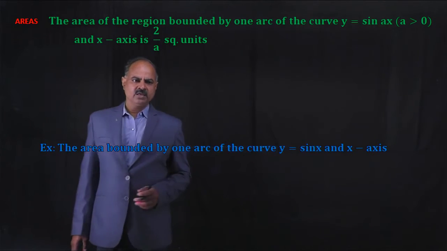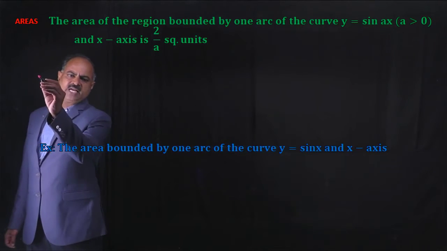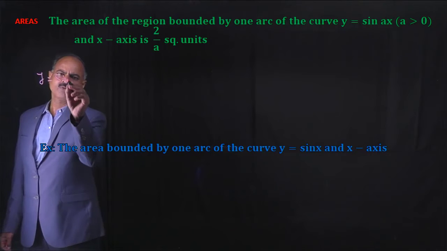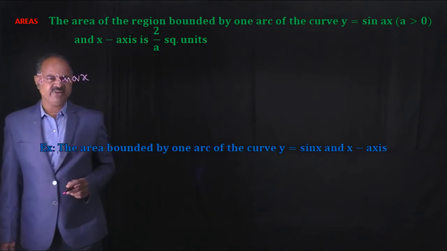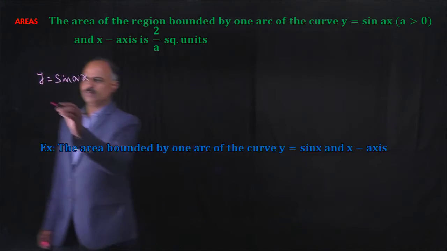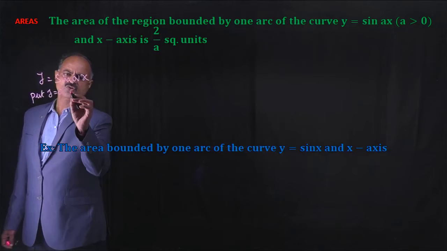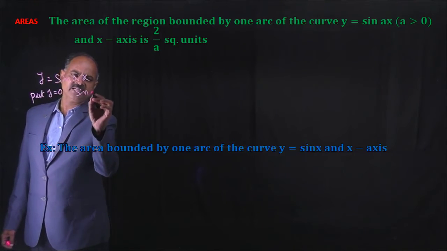So given curve is y equal to sin ax. So first find where the curve crosses the x-axis. Put y equal to 0 in the above equation. So here we get sin ax equal to 0.